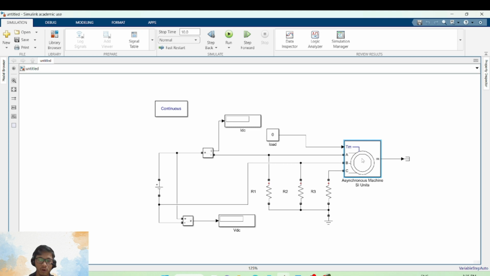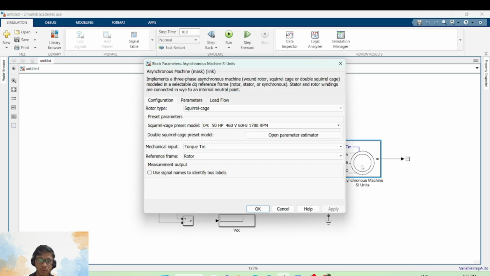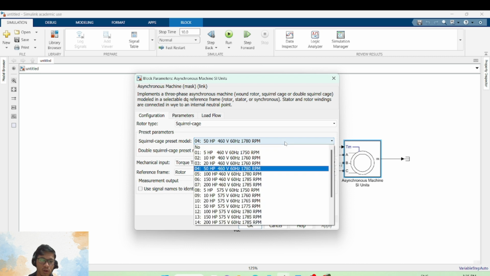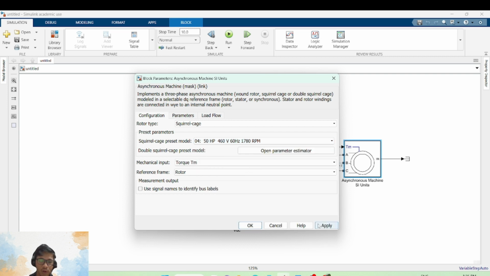For our group, we have to change to the squirrel cage preset model for 50 horsepower, 460 volt, 60 Hz and 1780 RPM. This is the preset model that we got from the lecturer.